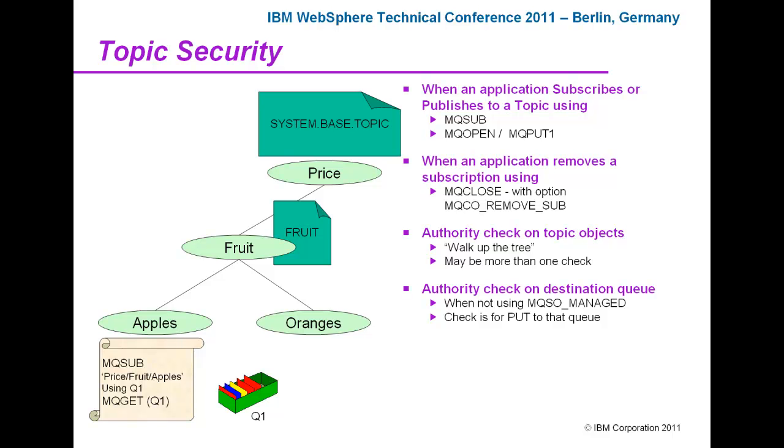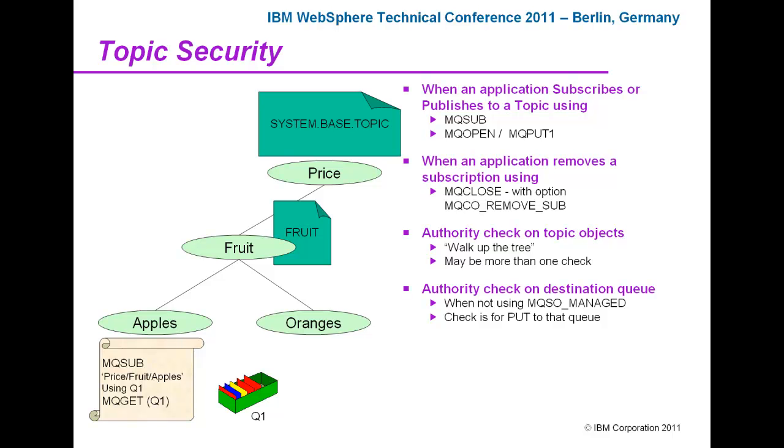Additionally, if you decide not to use MQSO managed, which tells the queue manager to look after your publications for you, and instead provide a particular queue for that purpose, in this case I've got Q1, I want it for my subscription queue, we additionally do a check that you are allowed to put to that queue. Now, your application is not going to be putting to that queue, but your application is causing that queue to fill with messages.